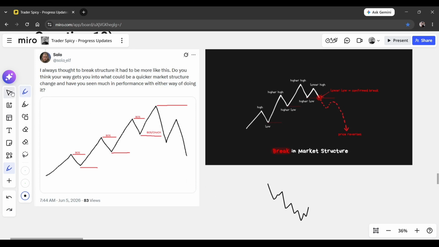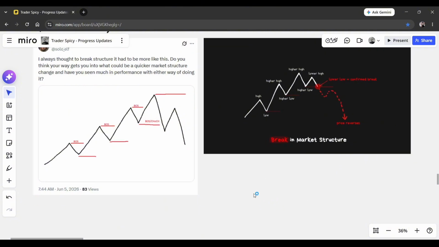So basically, here's my take on it. I don't think that there is objectively one way which is better than another. I think ultimately what matters is how much lag do you have when defining these market structure breaks. Okay, here's what I mean.